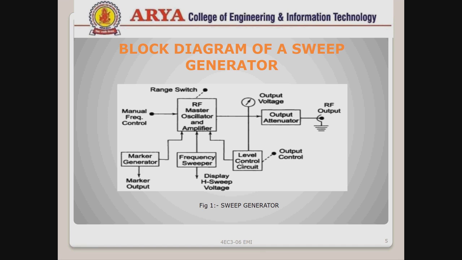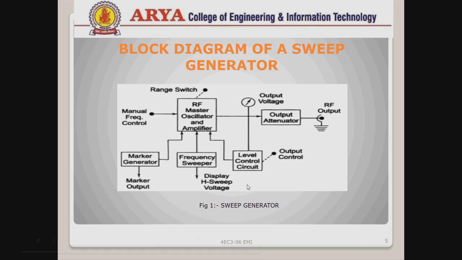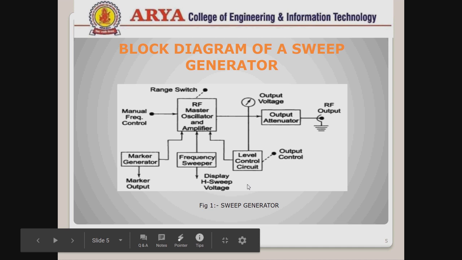The level control circuits, or automatic level control circuits, form a closed loop feedback system which monitors the RF level at some point in the measurement system. The circuit holds constant the power delivered to the load or test circuit. A constant power level prevents any source mismatch and also provides a constant readout calibration with frequency.